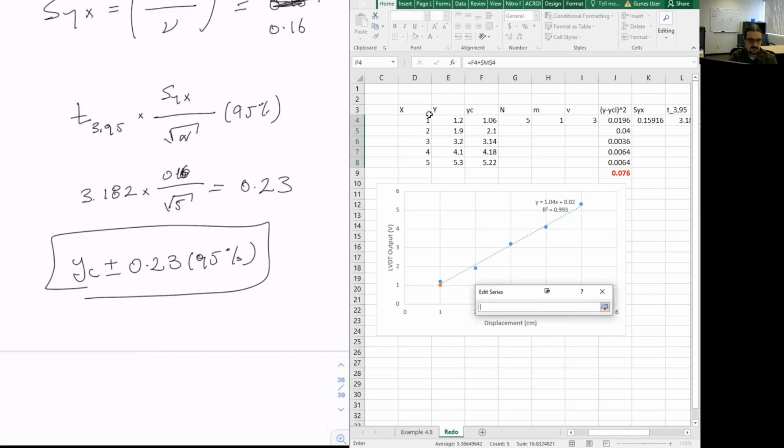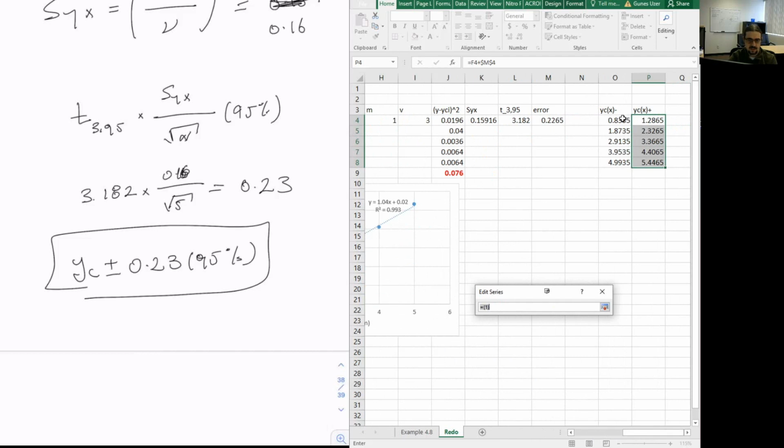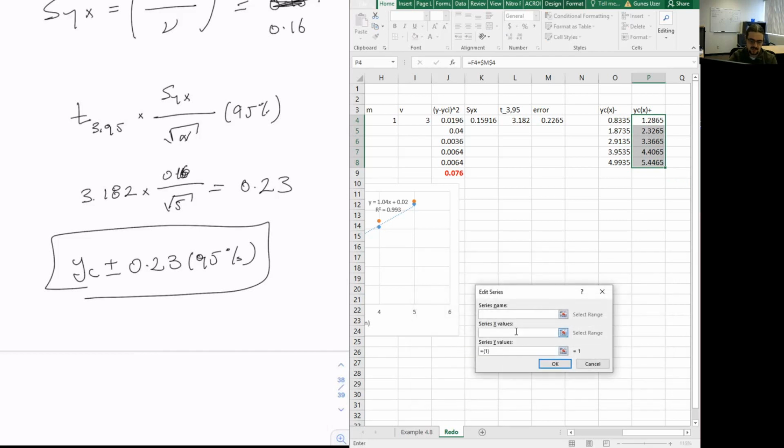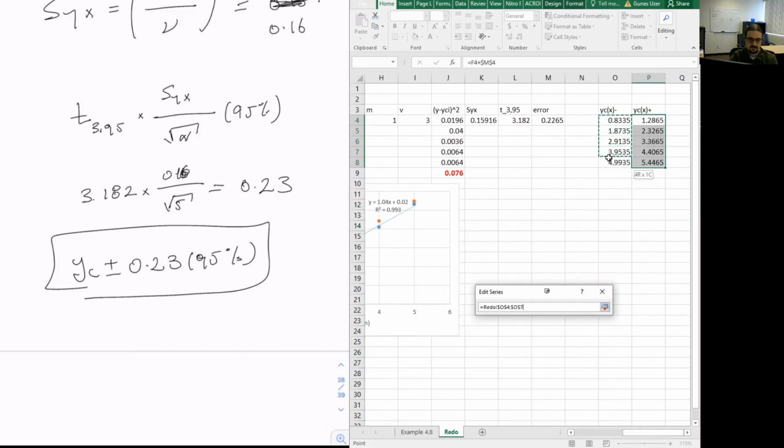The x value is going to be the same, and then the y values are going to be, what did we do? This was the plus error, so I can do the plus error here. Done. And then I add another one, yc minus error, with the same x values right there, and then the y values will be here.